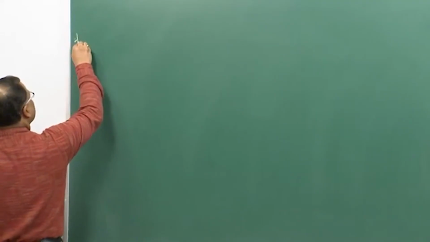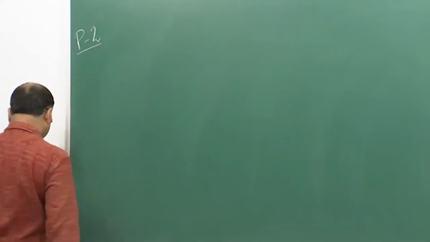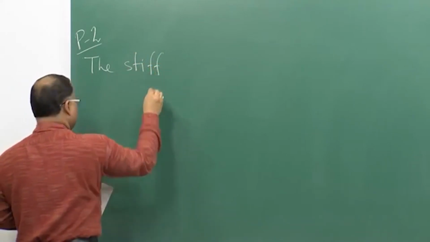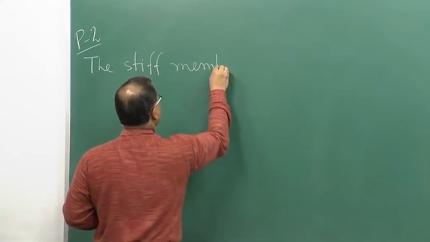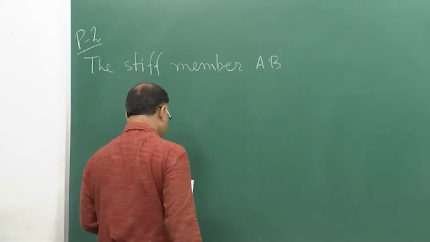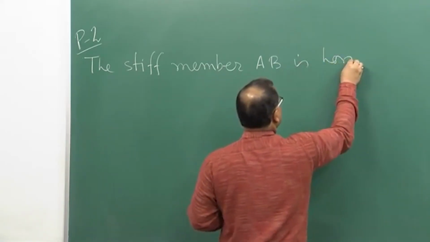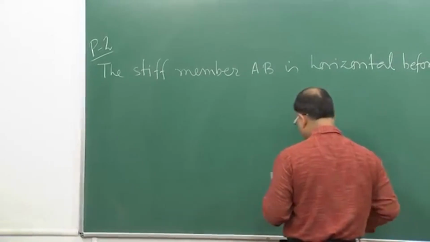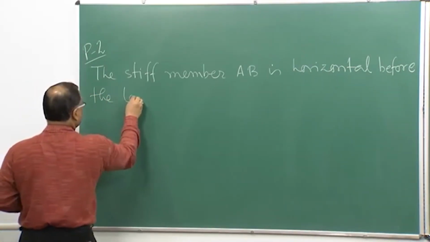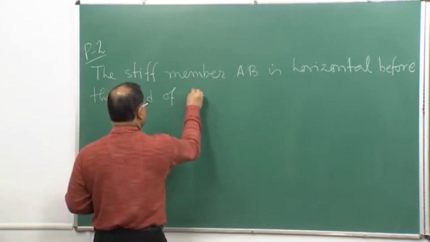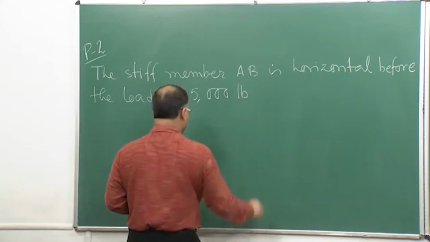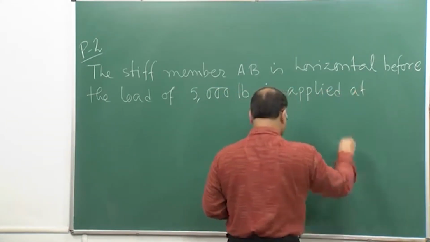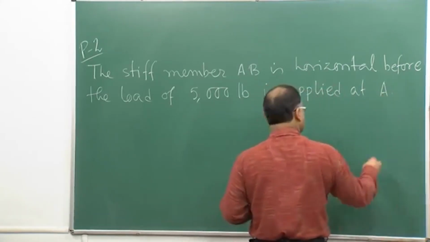Okay. So, next problem: the stiff member AB is horizontal before the load of 5,000 pound is applied at A. I will show the figure later on.